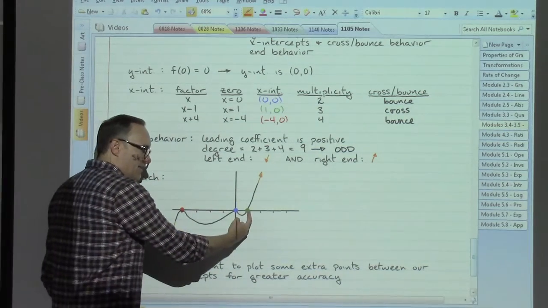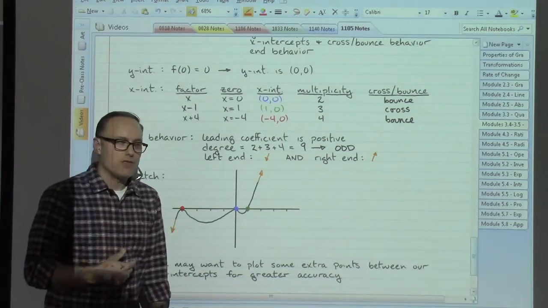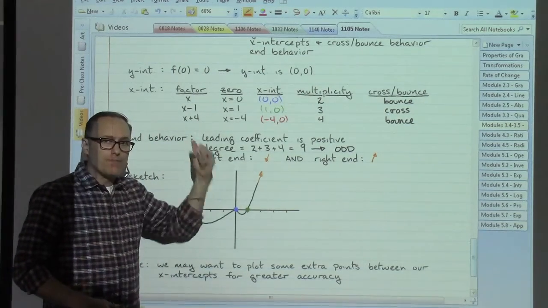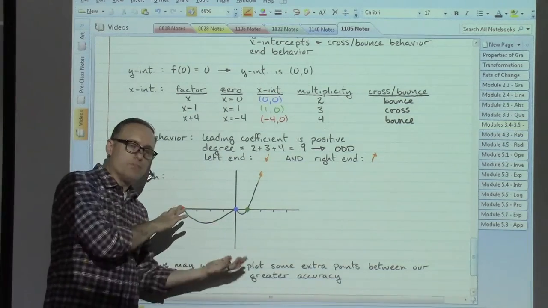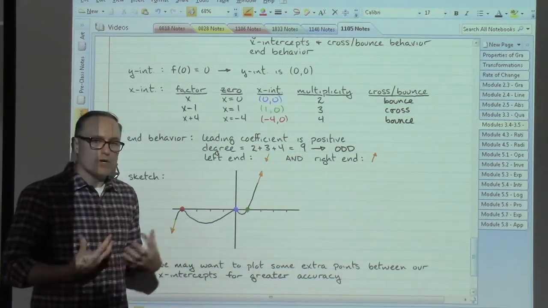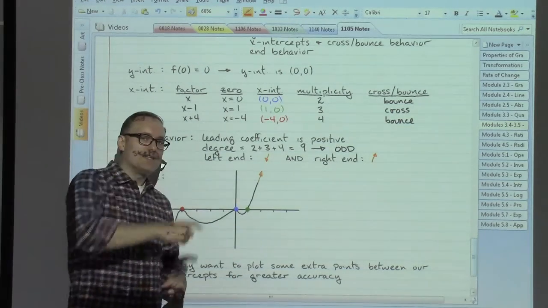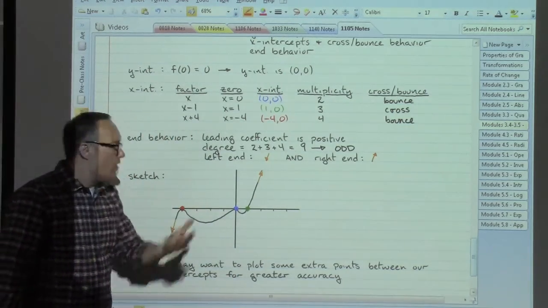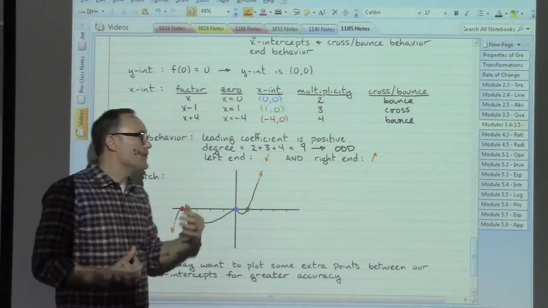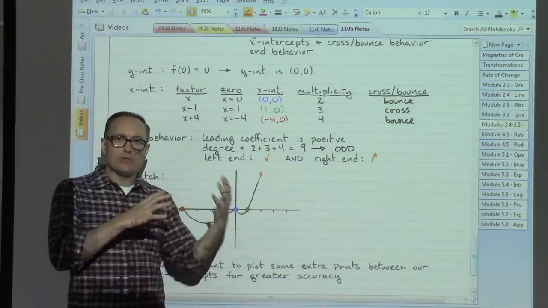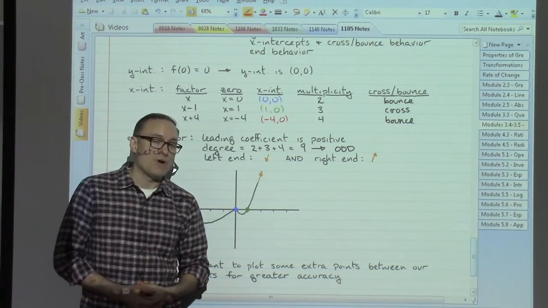We've got that x-intercept, that x-intercept, that x-intercept. We can backtrack those into factors. We could build different possible polynomials that could match up with this. So there are things that we can pick out of the graph and then pull back into algebra, even though what we've seen in this example, and really in a lot of the examples so far, is that we're talking about the algebra and trying to eventually tie that in with the graphing.